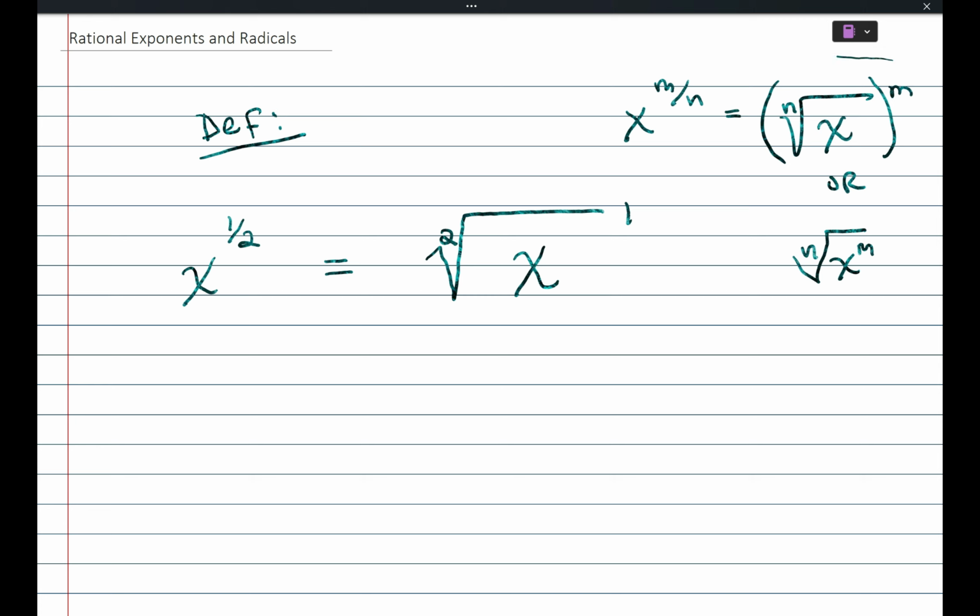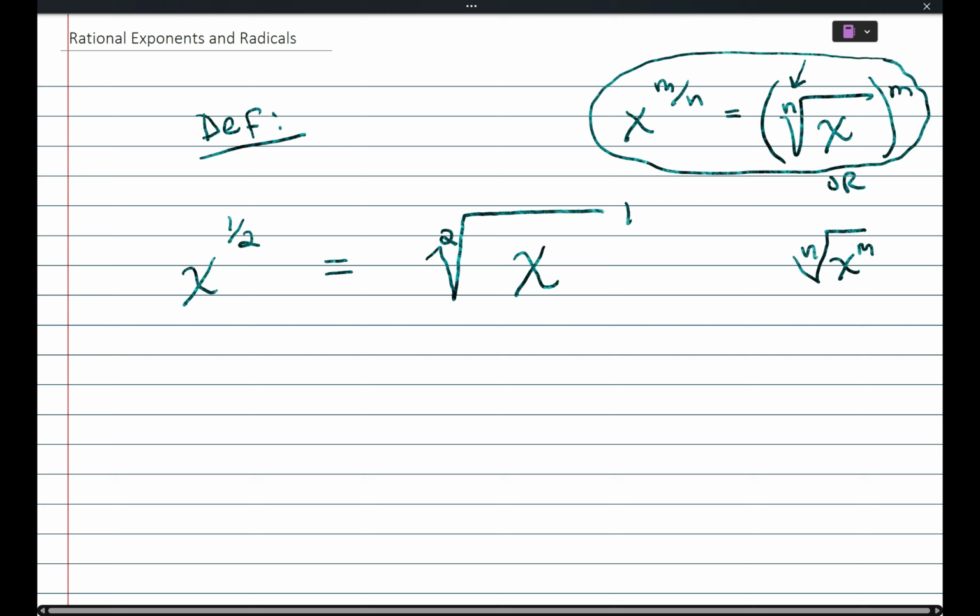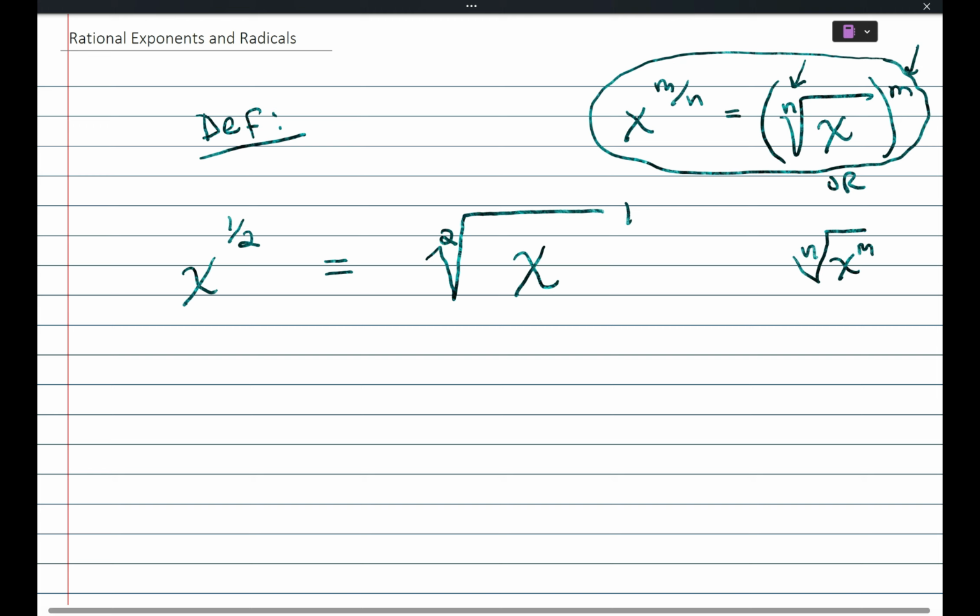Myself, I prefer to look at it this way, where first I'm taking care of whatever root we're covering, and then raising it to some power. So this is the definition that you need to understand and be aware of. So let's take a look at some examples.